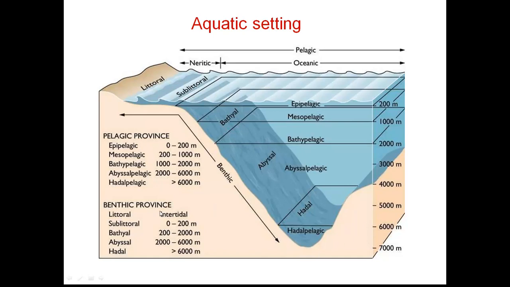And within these two provinces, the next consideration is how far we are from the surface. So obviously on the surface, processes are going to be very different to deeper below the surface. On the surface, we tend to have greater light availability. We have got warmer temperatures.